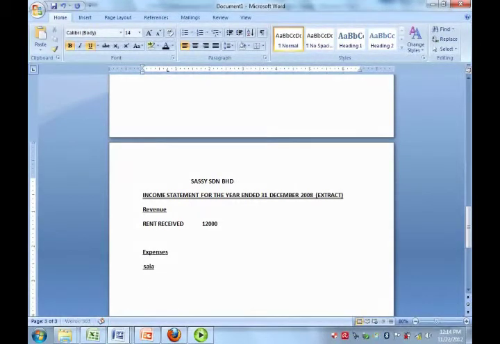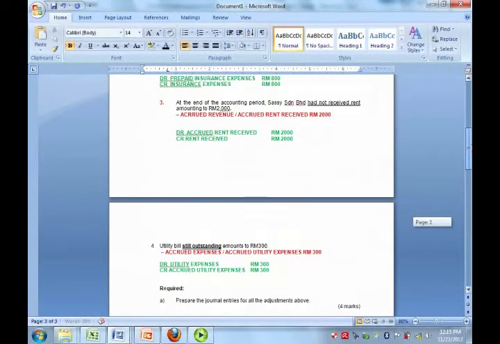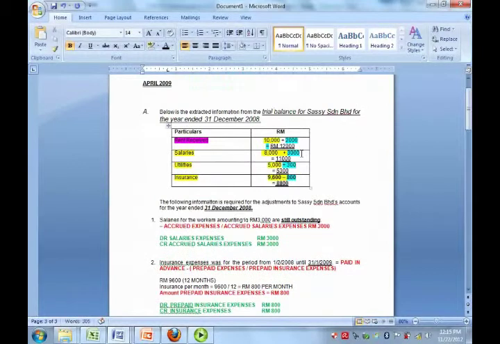How about your expenses? First is what? Salaries. Correct? Okay, 11,000 or 8,000? 11,000. As I told you, we have added up because it is accrued, right? So it's 11,000, as you can see in the table.